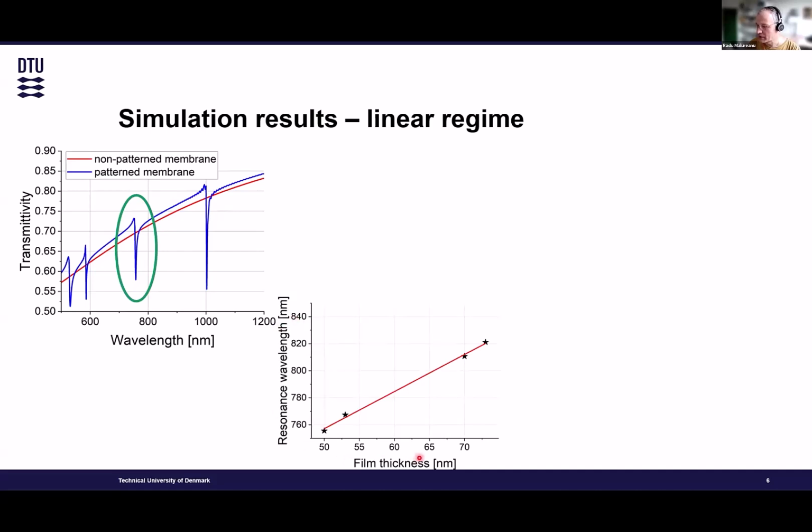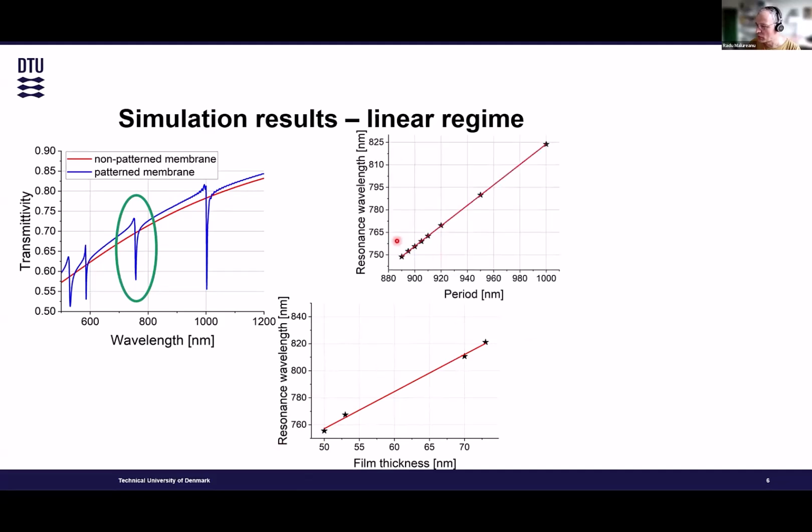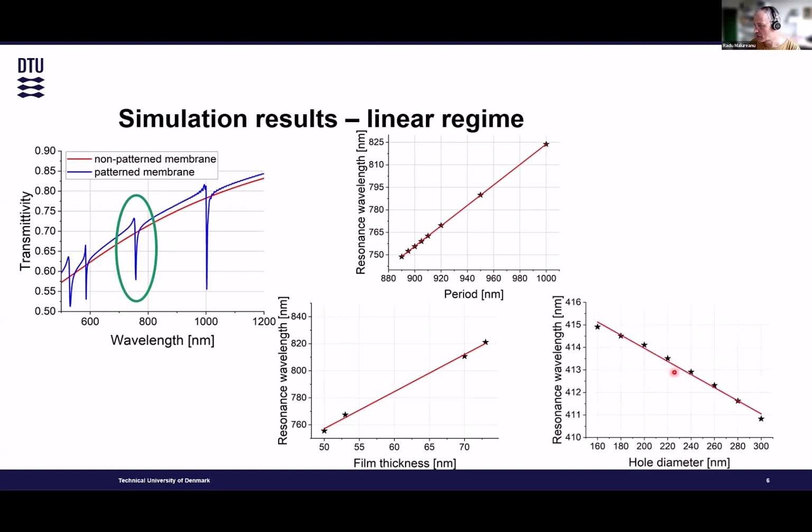Then we made some simulations to try to find out the dependency on the film thickness, and it's roughly linear, and the same with the period of the grating. So we can use the film thickness and the period to roughly tune this frequency. Then we also have a linear dependency, but with a negative slope, on the hole diameter.